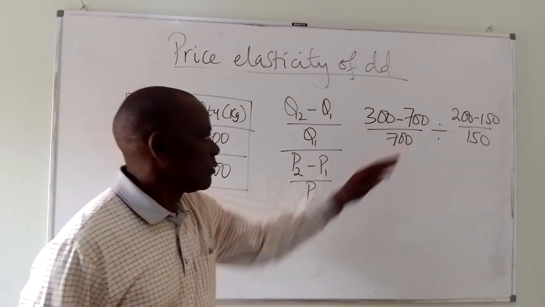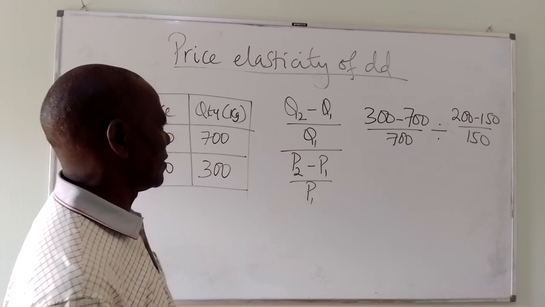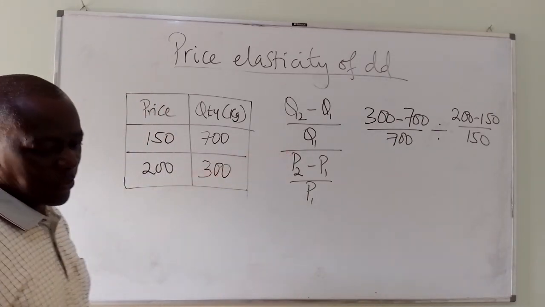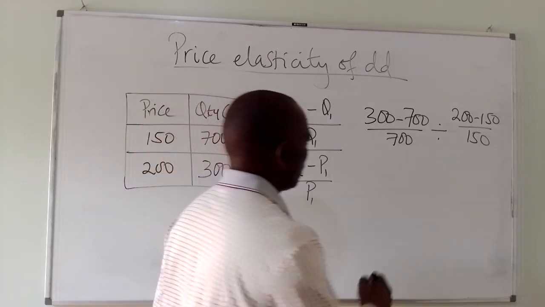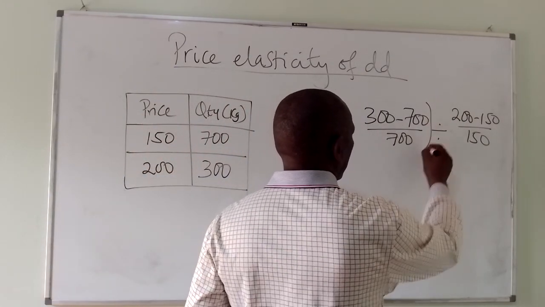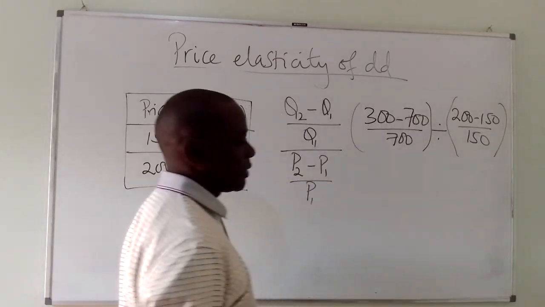We have to divide it as such. Now, from that level, we can start getting the figure here, which we can finally divide by this one here.